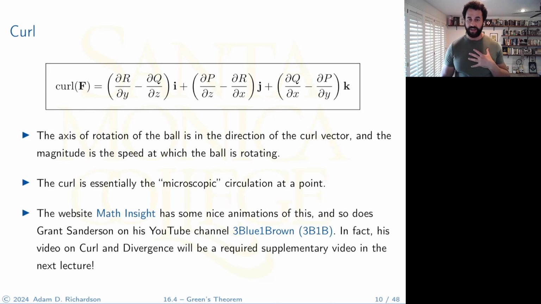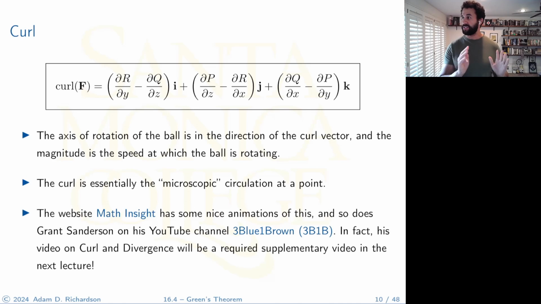Another suggestion I have is that you check out Grant Sanderson's video on curl. His channel, maybe you've heard of it at this point, is 3Blue1Brown. Frankly, any videos that he's got, pretty much any of them, I would recommend. Not only that, his video on curl and divergence is a required supplementary video in the next lecture.